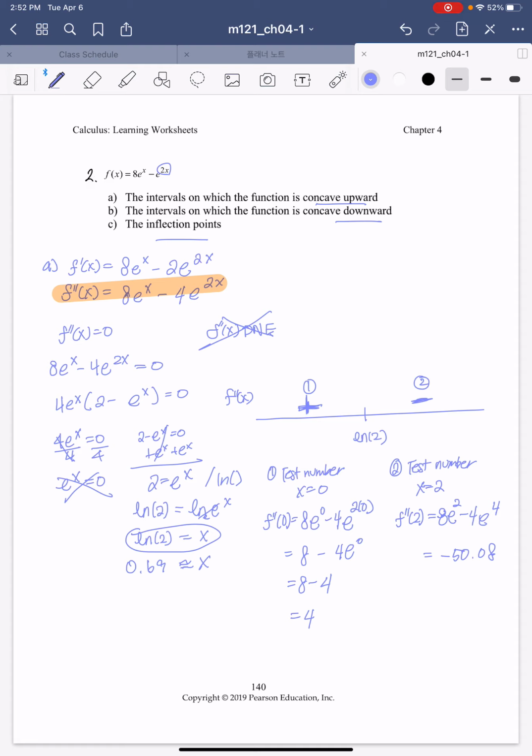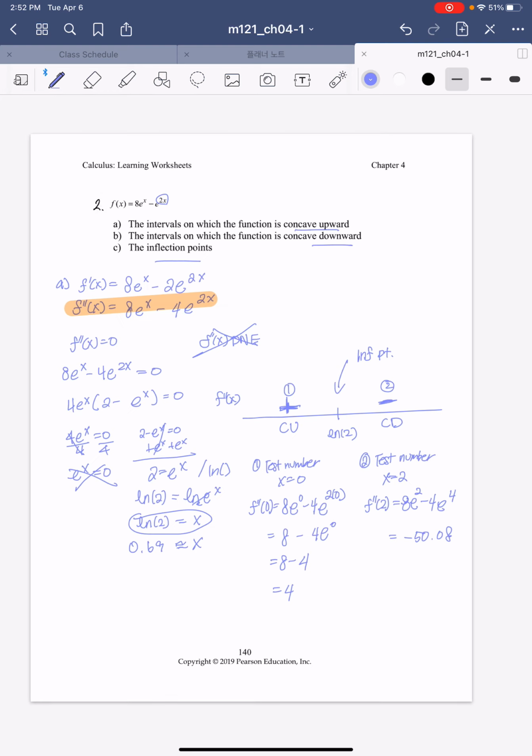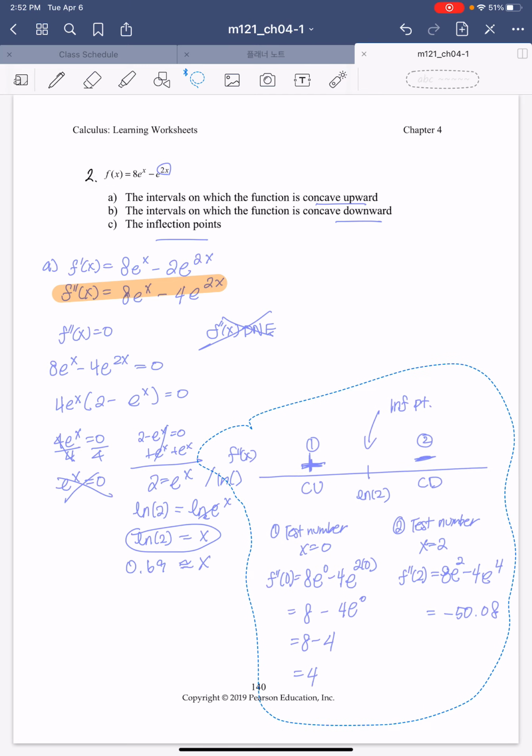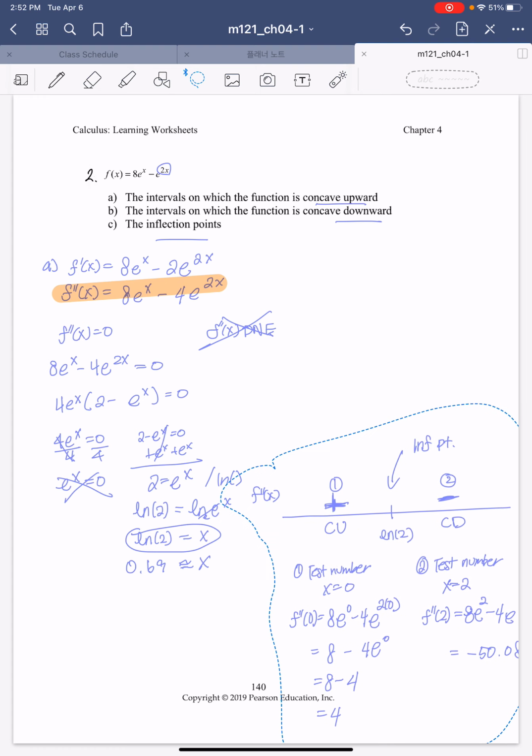So my final answer, this is concave up, concave down. Because we have a change of concavity, this is my inflection point. Okay, so now let's use this one to write down our final answer. I'll put it right over here.